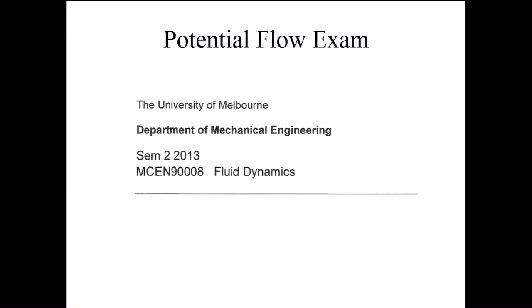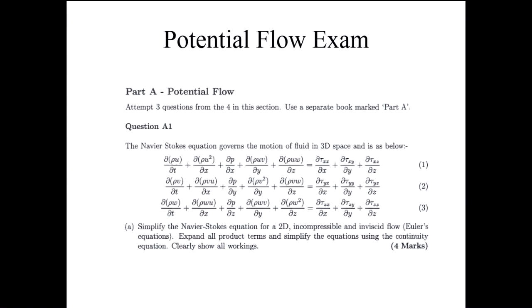This is just an example to show you how the exam looks. For the potential flow part, we have 4 questions. You're clearly instructed that you should only answer 3 questions out of 4. Usually we have a question that is mostly about the derivation of equations. You probably see something similar to this, and then you're asked to simplify the equation or derive something out of this.